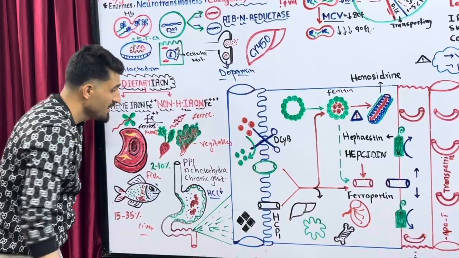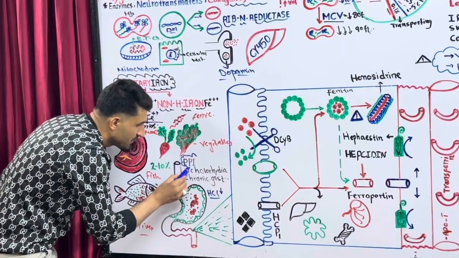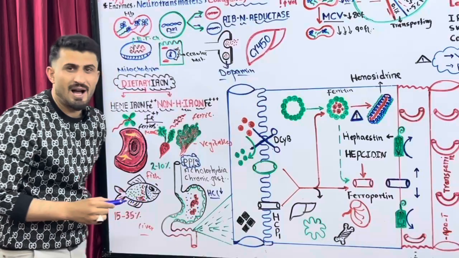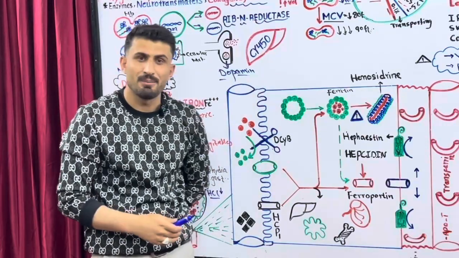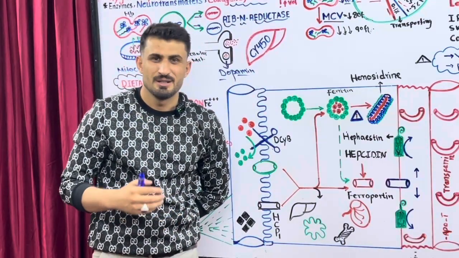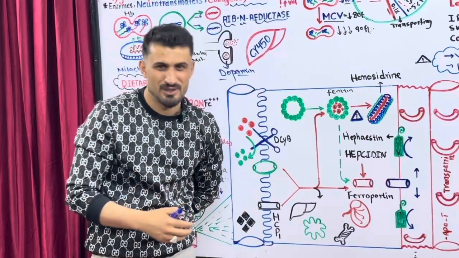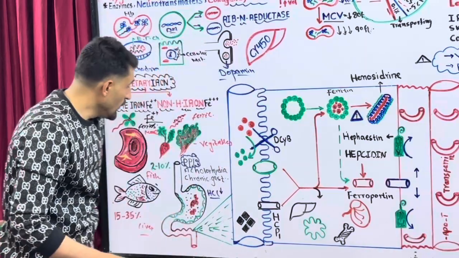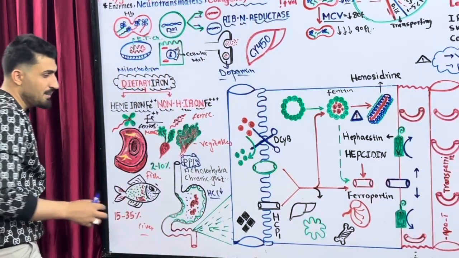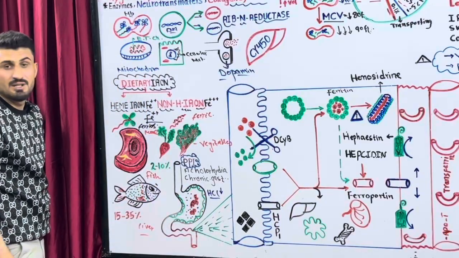For example, when a patient uses PPI drugs for a long term, for example omeprazole, pantoprazole, esomeprazole, lansoprazole, all of them are PPI drugs and they block acid production.